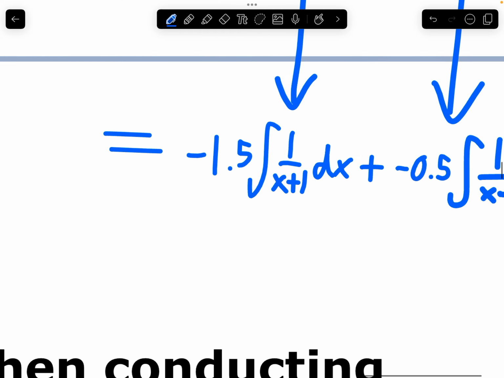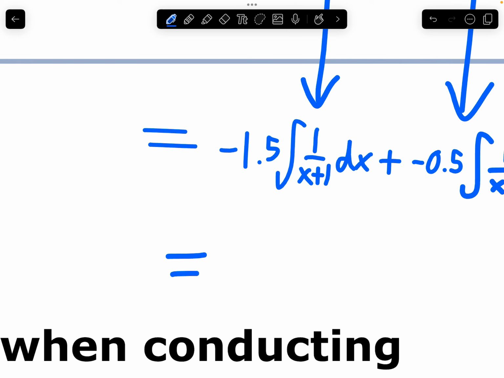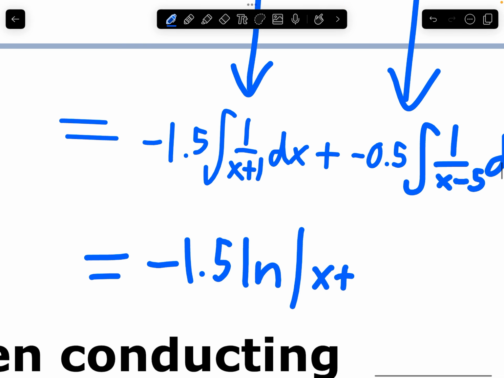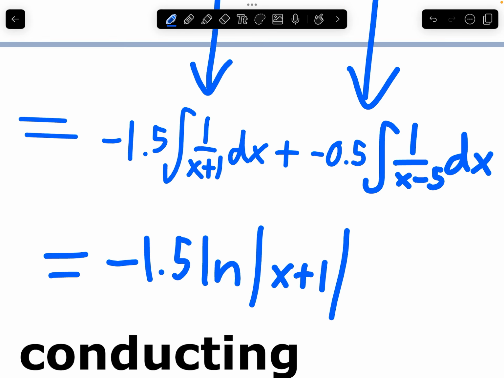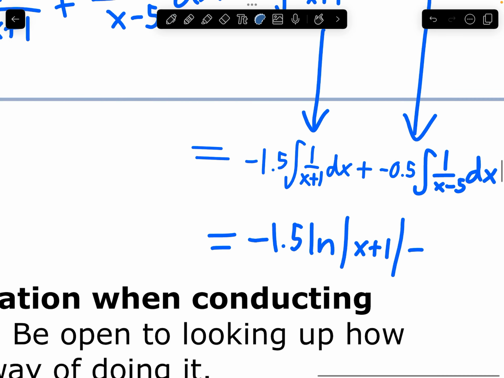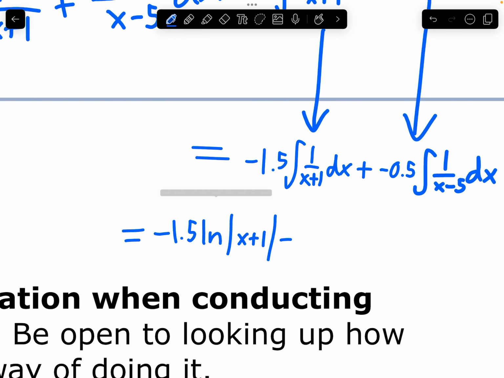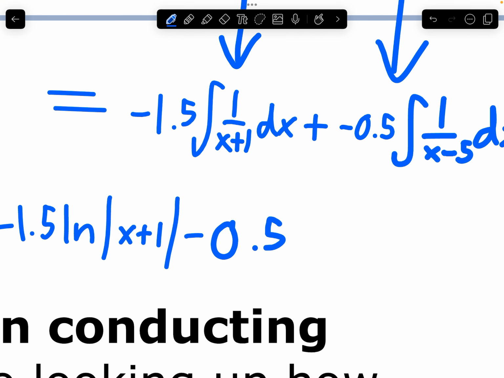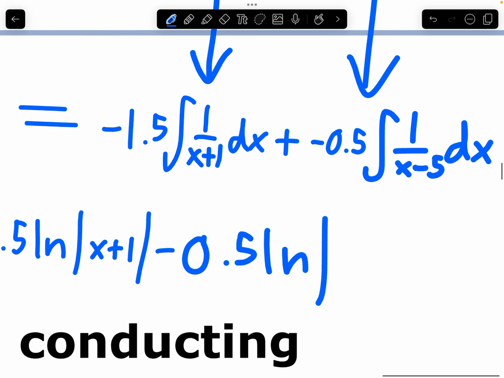All right, and now at this point, you probably are starting to figure out how to solve this. It's pretty self-explanatory, assuming you know the ln rule. In this case, this answer would be negative 1.5 ln of the absolute value of x plus 1 minus 0.5 ln of the absolute value of x minus 5.